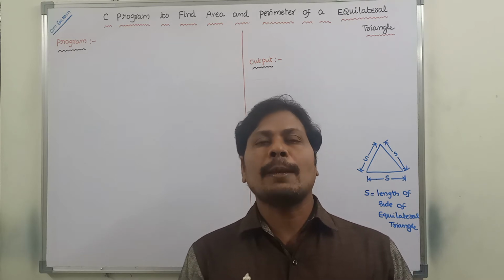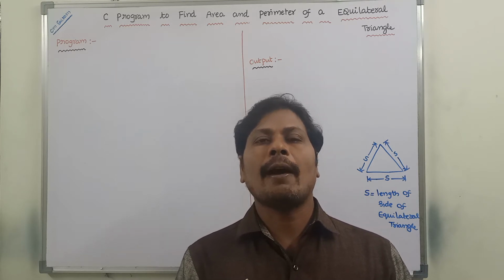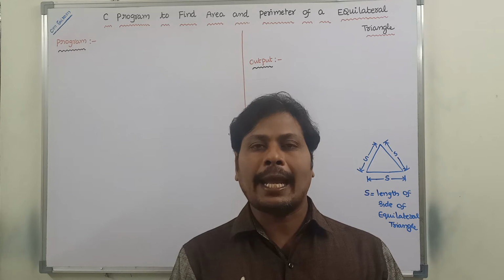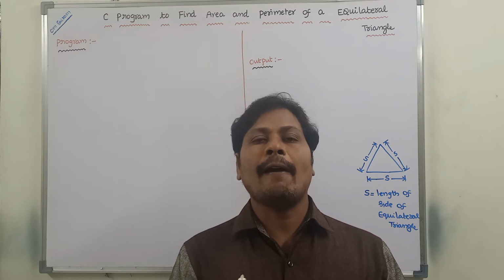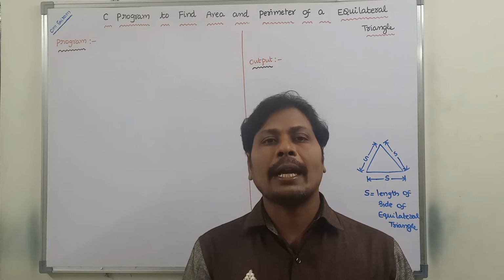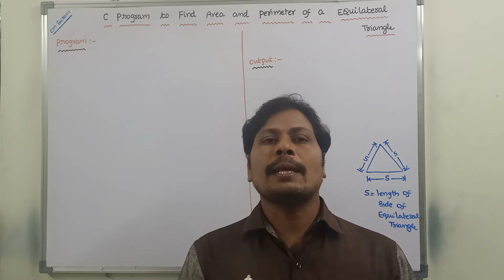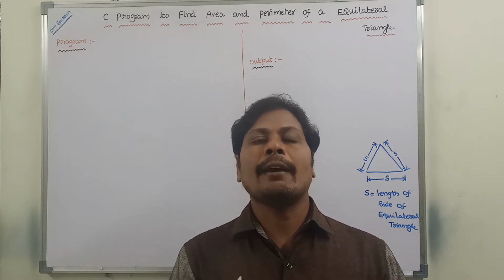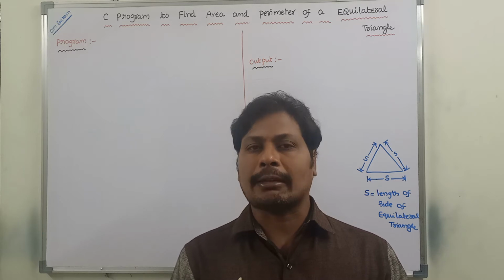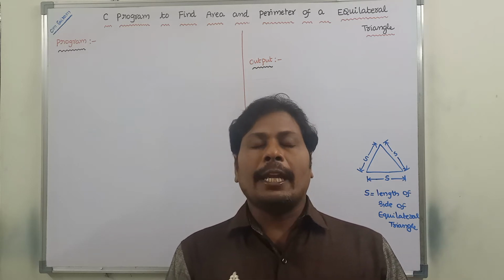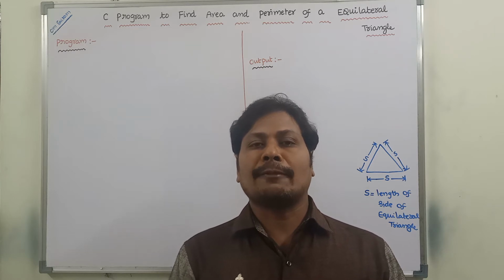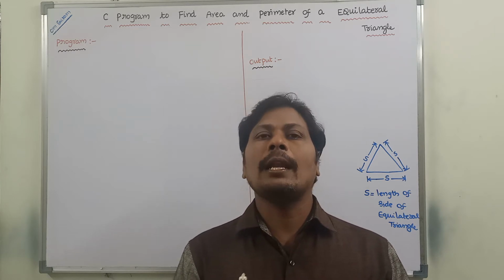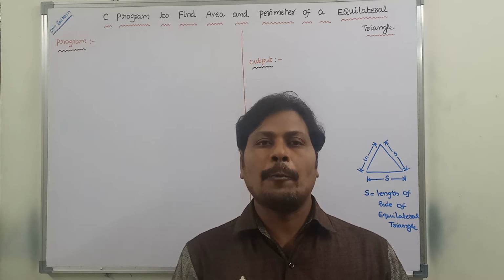Second, a C program to find the area and perimeter of a rectangle. Third, a C program to find the area and perimeter of a square. And fourth, a C program to find the area and perimeter of a triangle. If anybody wants these four videos, please refer to them on my YouTube channel, Divvela Srinivasa Rao.